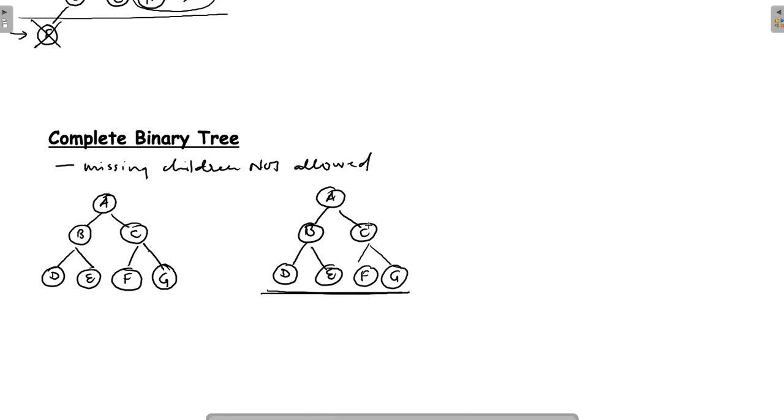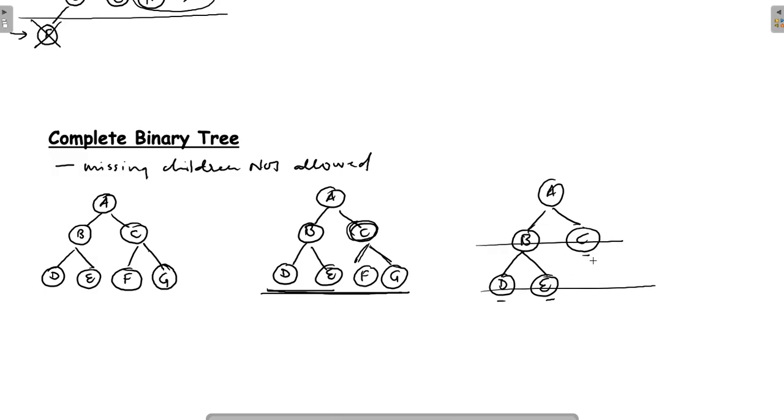If any parent is missing its children, all the leaf nodes are not at the same level. So in the previous case, suppose B and C are the children of A and then B has two children, that is D and E, and C was the only last child. So the leaf nodes are D, E, C. All these three are the leaf nodes which are not at the same level. So that's why it is not a complete binary tree.